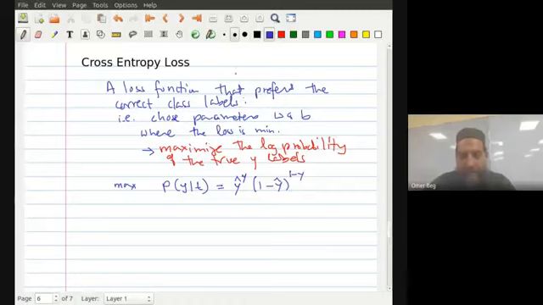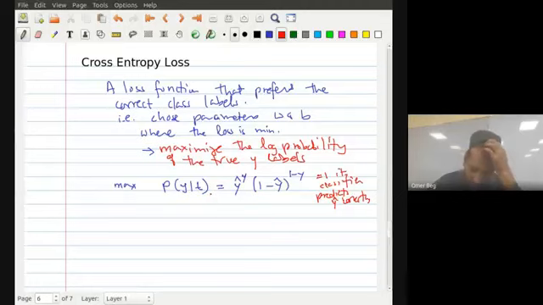This is a differentiable loss function. This is going to give you a 1 if the classifier predicts Y hat correctly.